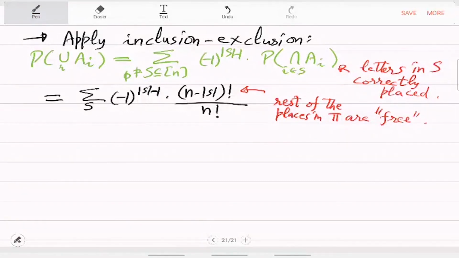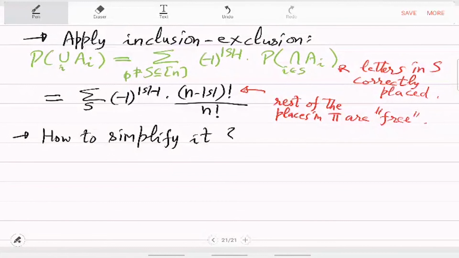But this still looks like a complicated expression. How do we simplify? We will do something similar to what we did before, which is rewrite this sum according to the size of S, with size of S equal to k.